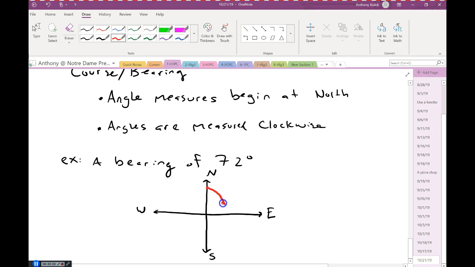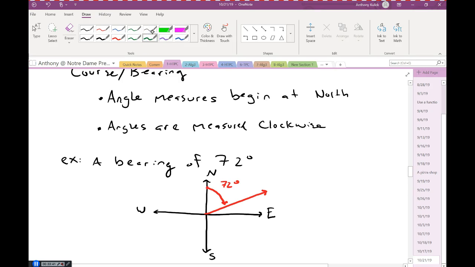If I then go 72 degrees clockwise, the angle that I'm going to be interested in is here. Everybody agree with that?